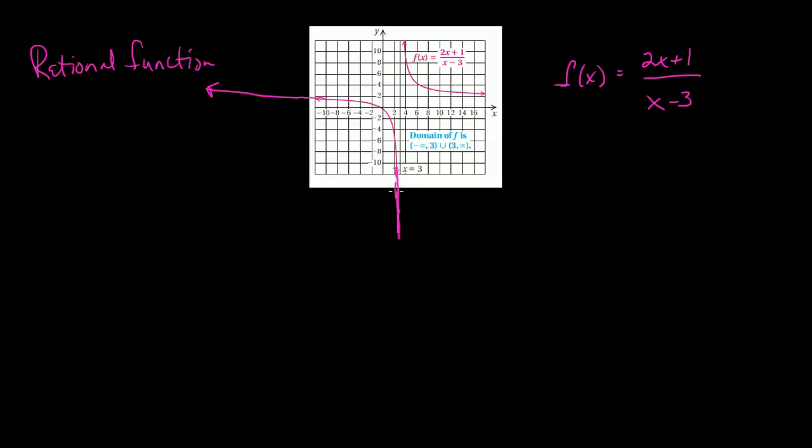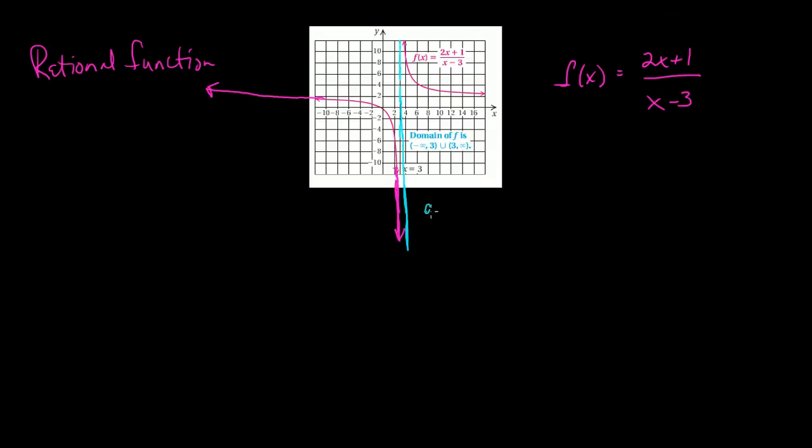But notice, let's see what it does. It will approach this little line here at x equals 3. I think that's the line there. It's supposed to be x is equal to 3. And this curve will approach that line, but it's never going to cross it.